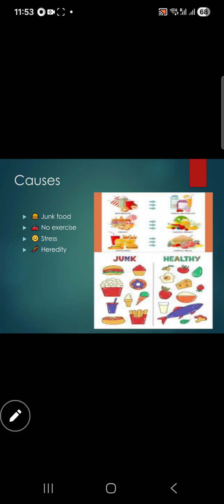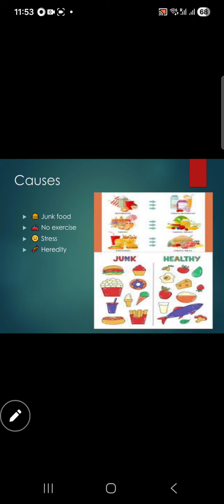Lifestyle: through our lifestyle we have a poor diet, lack of exercise, smoking. Examples: heart disease, obesity, when we are eating junk food and not eating healthy food. However, junk food is always attractive, always high in calories, but we should eat only healthy food. Got it, students?